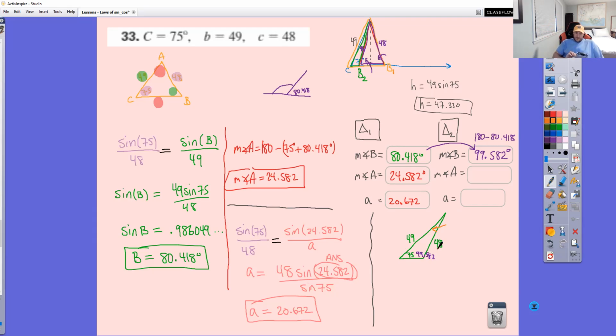Okay, so it's 180 minus 75 minus the other angle. I don't have the full decimal anywhere. That's okay. 3 decimal places is fine. So the 99 point blah, blah, blah, 582. Leaves me with a tiny angle. It's only 5.418 degrees.